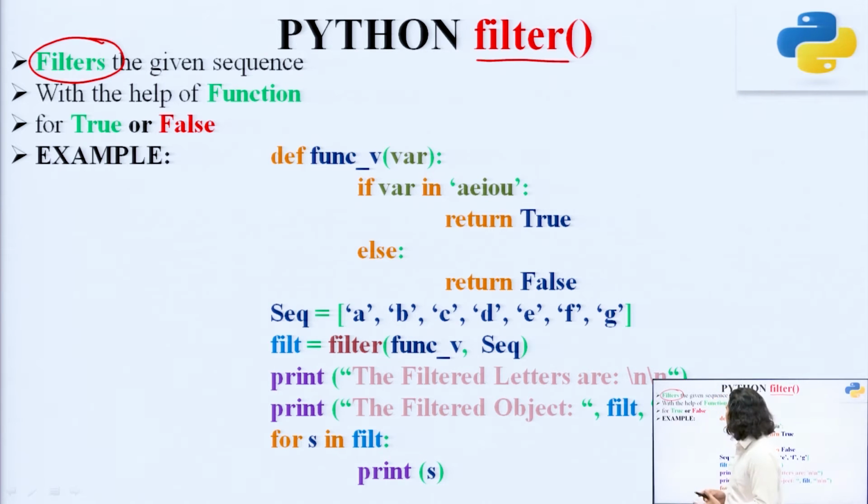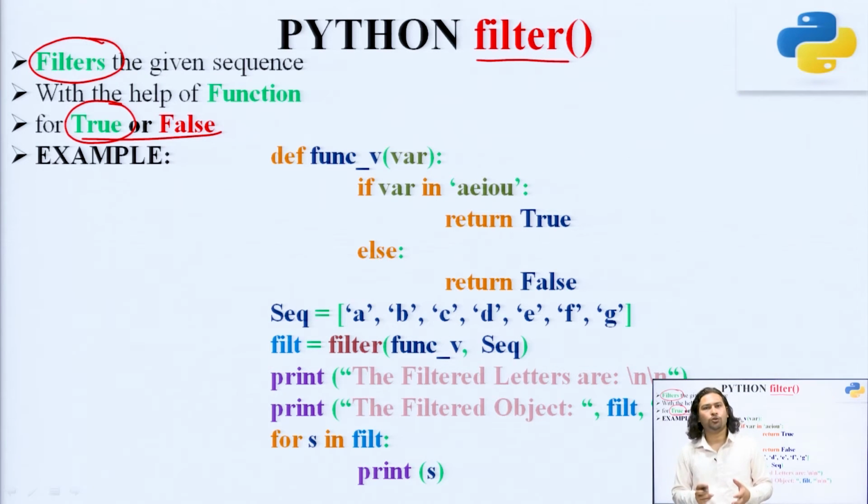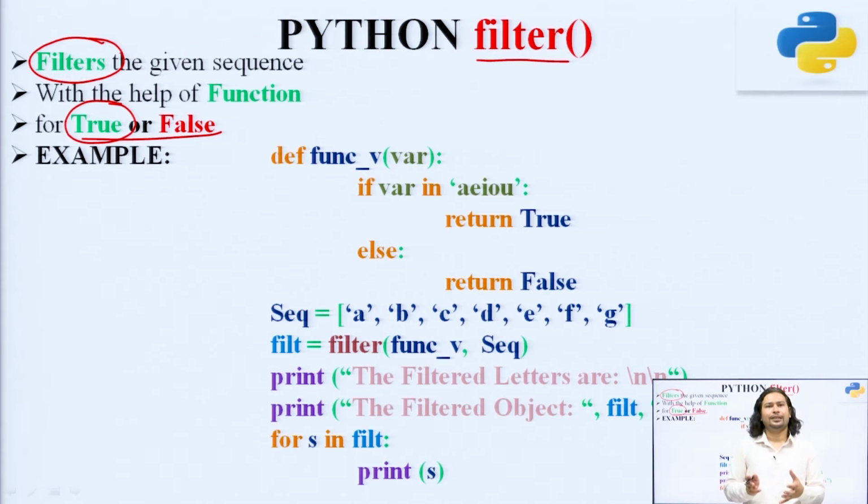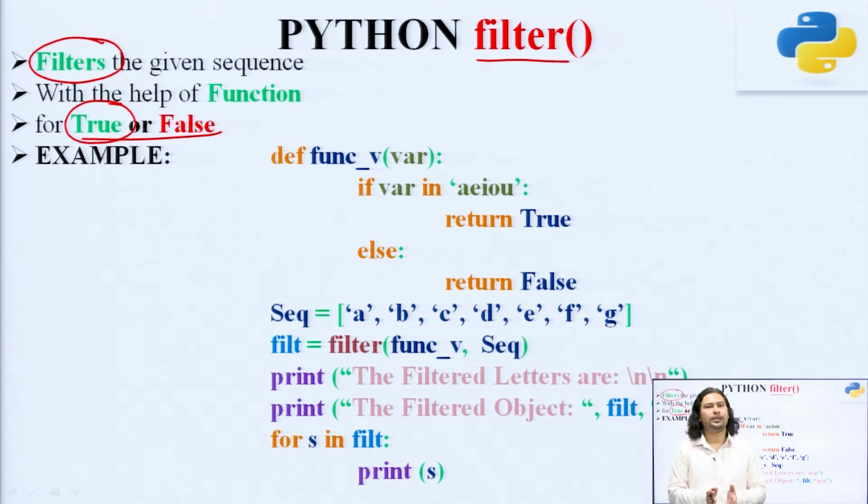Now how we are going to filter it out, let us see. This filter statement works on the basis of true and false. That means one piece of information is treated as true, the other is treated as false. If your information is treated as true, that information is kept safe by the filter function. The rest, which is taken as false, is discarded.